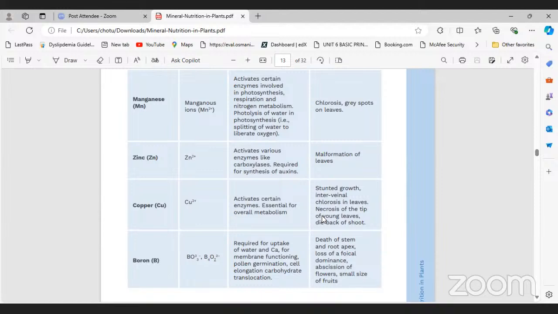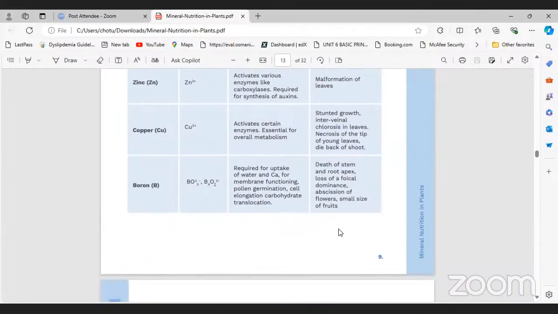The deficiency causes stunted growth, interveinal chlorosis in leaves, necrosis of the tip of young leaves, and die back of the shoot.